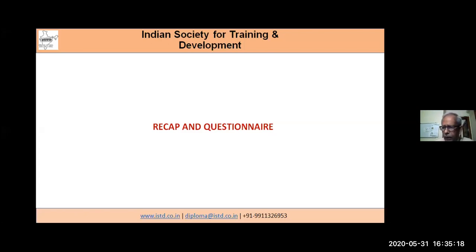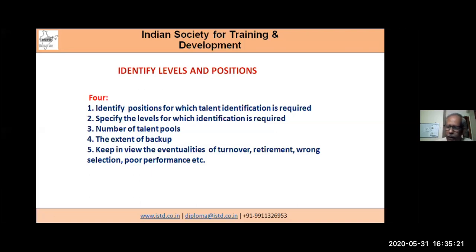Well, we are continuing with it. Our next important point, while doing this talent identification and development process, is identifying the levels and positions of people. In any organization, the requirement of people will be at different levels.